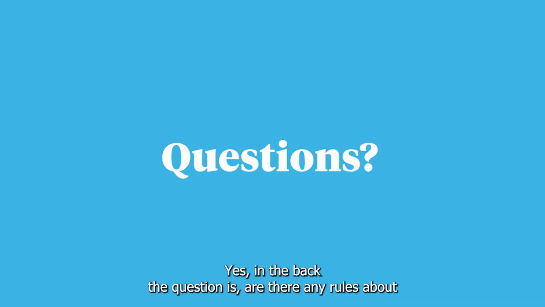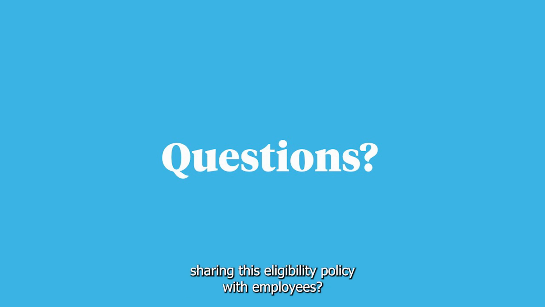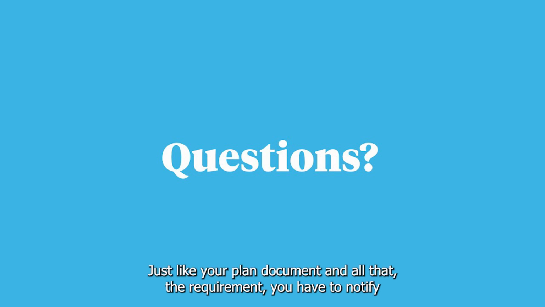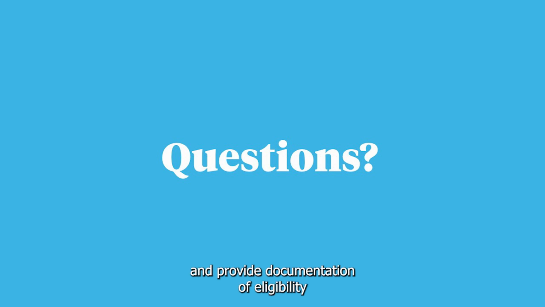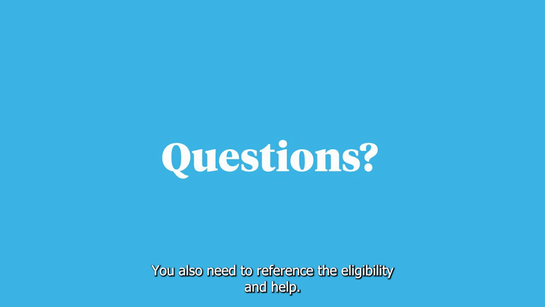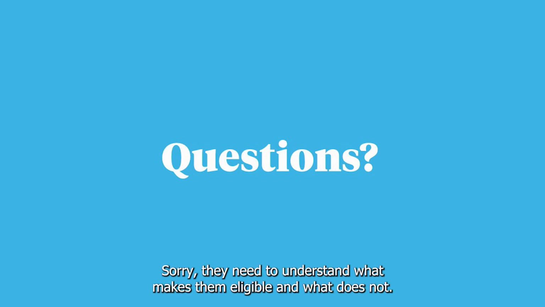Yes, in the back. The question is, are there any rules about sharing this eligibility policy with employees? And the answer is yes, absolutely. Just like your plan document, where you have to notify and provide documentation of what's in the plan and who's eligible, you also need to reference the eligibility policy, and employees need to understand what makes them eligible and what does not.